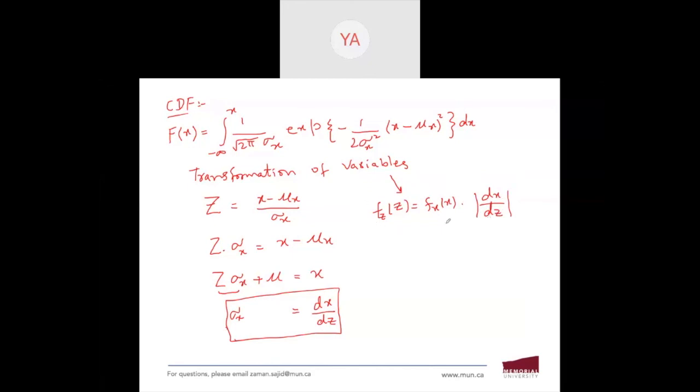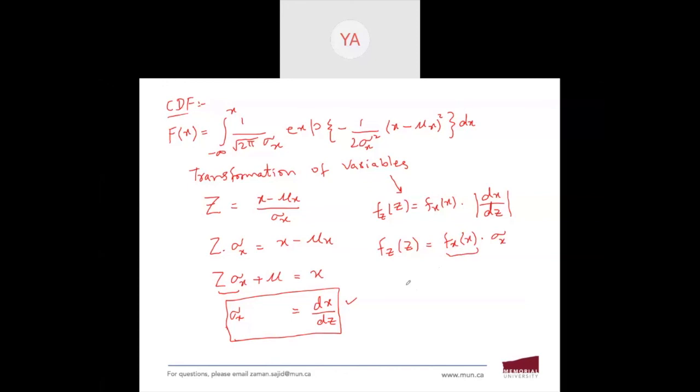In the next step, we just plug in our values here. This is my PDF times dx by dz, which is my sigma of x. Now I'm going to the next slide, and there I will plug in my PDF value because I don't have space here.